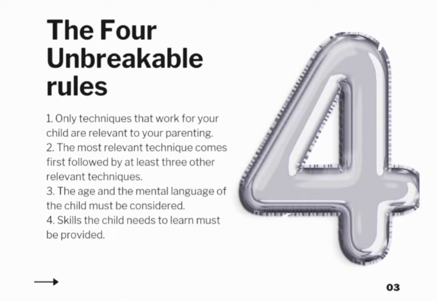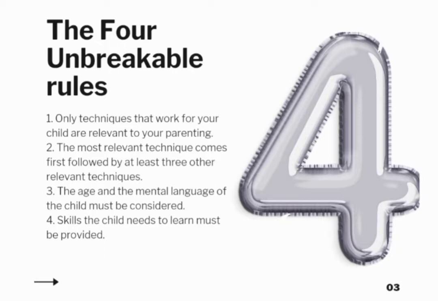We have visual mental language, we have auditory, and we have kinesthetic. Some children process information visually, while others process it auditorily, and others process it via feelings and touch. So you must uncover your child's specific mental language.